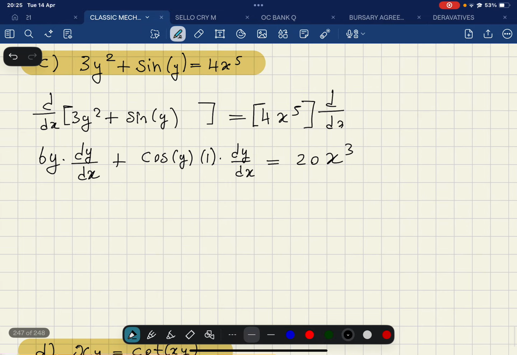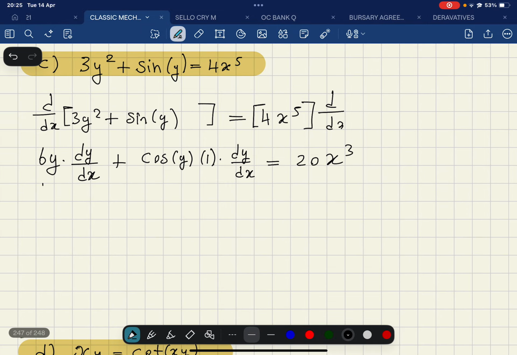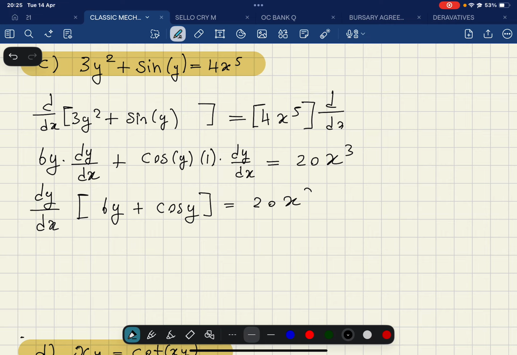cube. Then from there I remove my common factor of dy over dx, and then I am left with 6y plus the cos of y, which is equal to 20x cube.